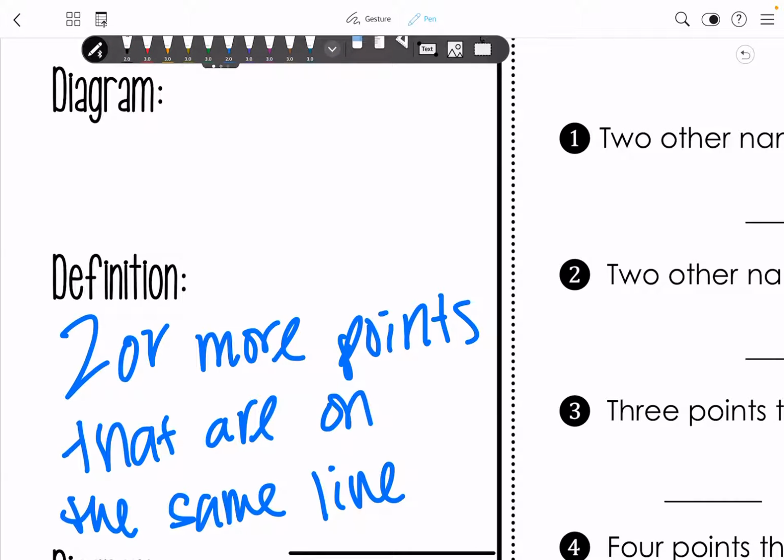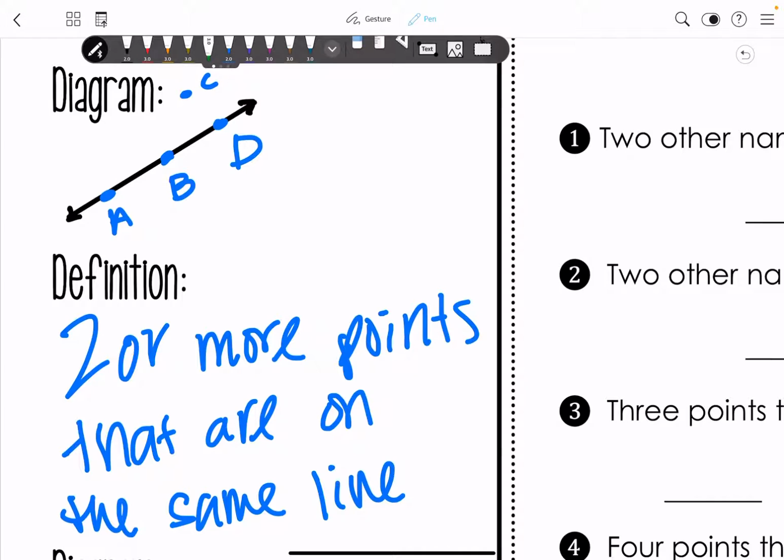So the diagram for this is going to look a little bit different than what you might be expecting. And that's because I want you to see something. If we've got, say, 3 points on here, and say I put a point up here, I'm going to label my points with capital letters because that's how you label points.